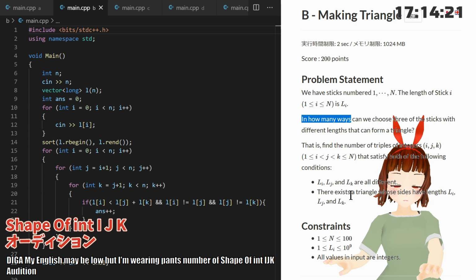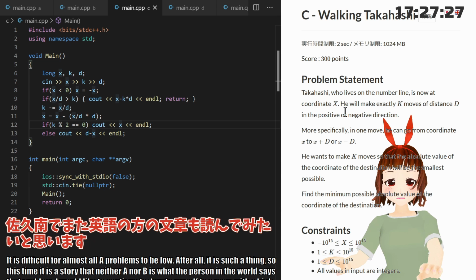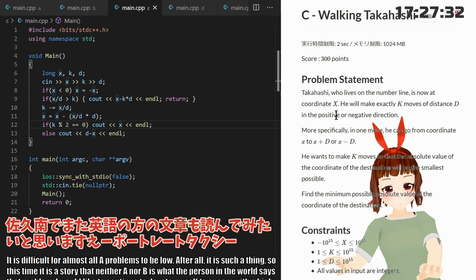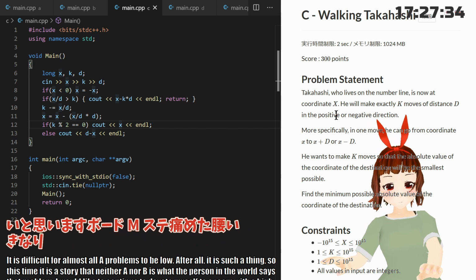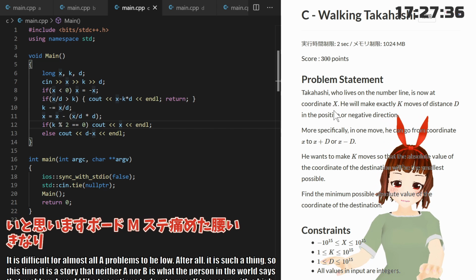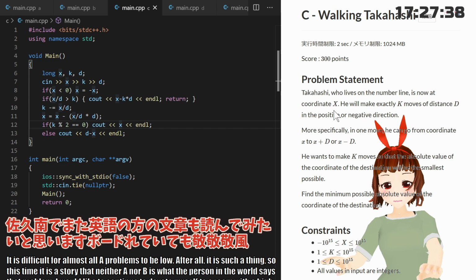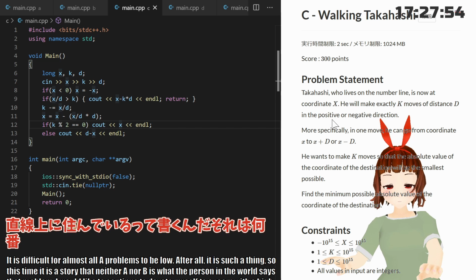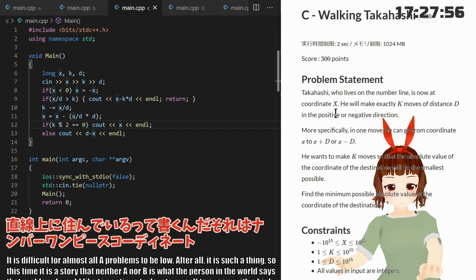This is hard with English alone. Problem statement. Takashi, who lives on the number line, is now at coordinate X.